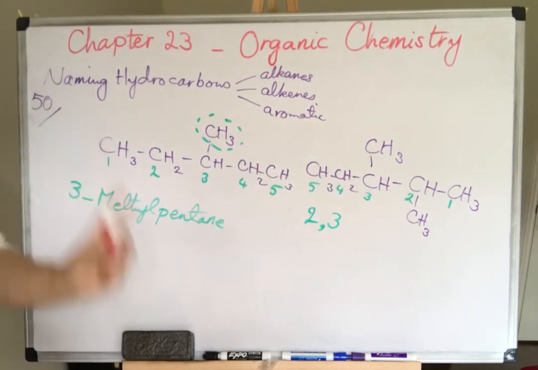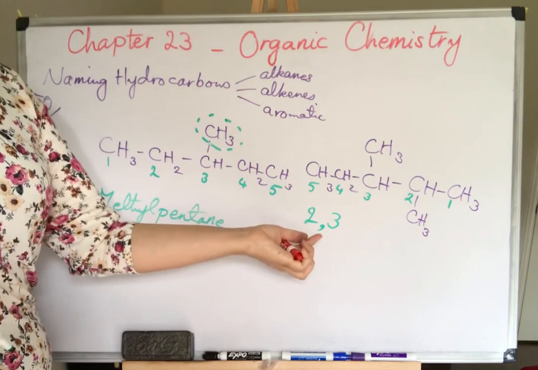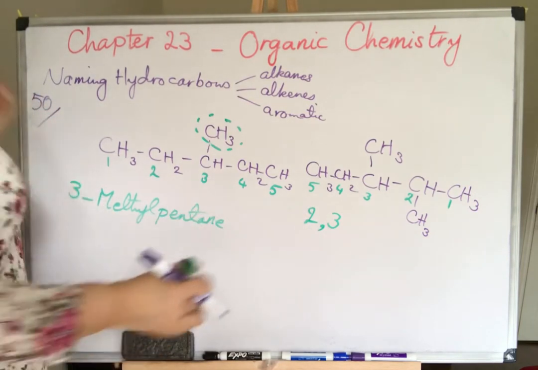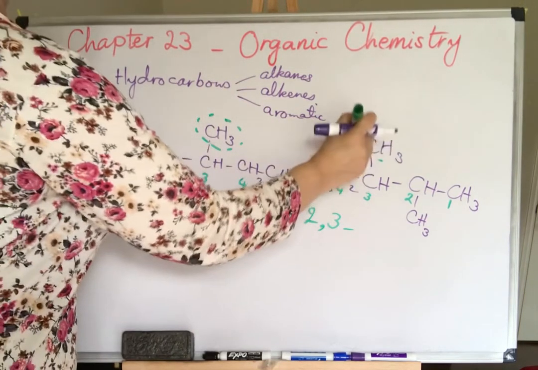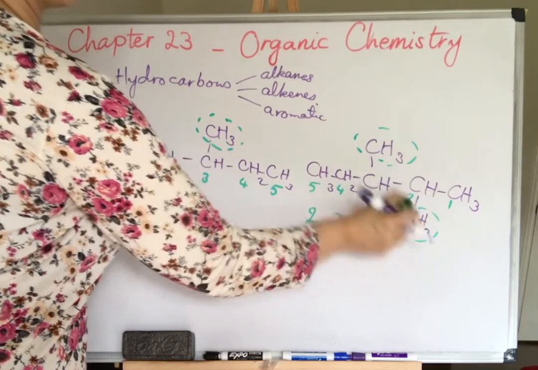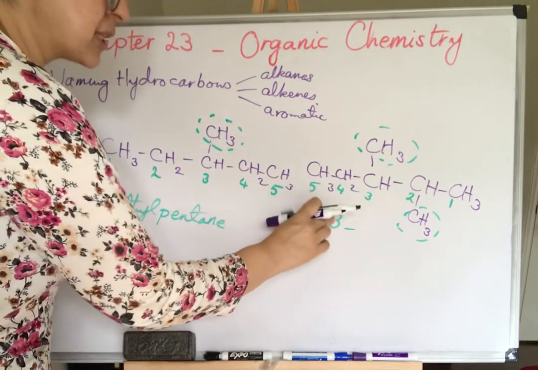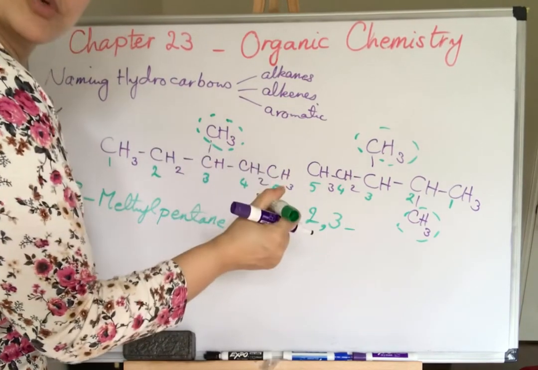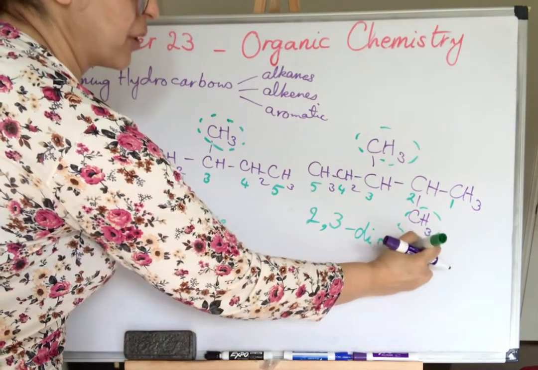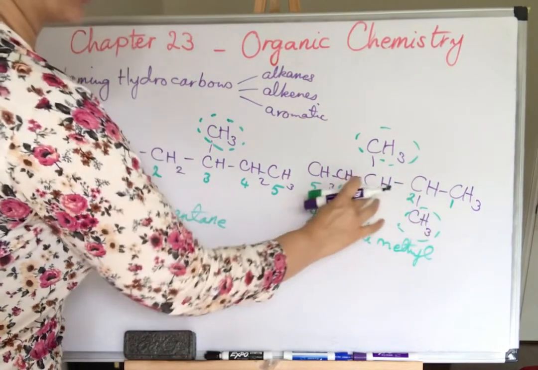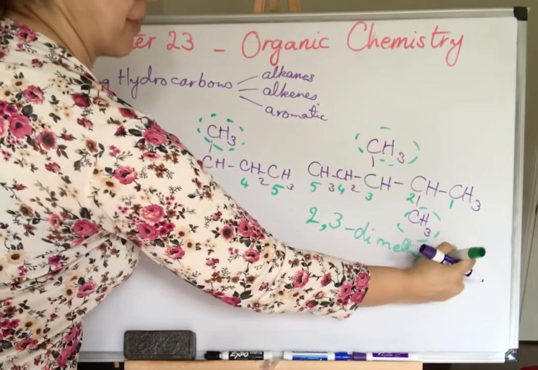If you have more than one branch, the numbers should be separated by a comma. 2, 3. What are the branches? Both of them are methyl branches, right? So you have to mention, I have 2 methyl branches on the second and the third carbon. What is 2 in chemistry? Di. What are the names? Methyl. So 2,3-dimethylpentane.